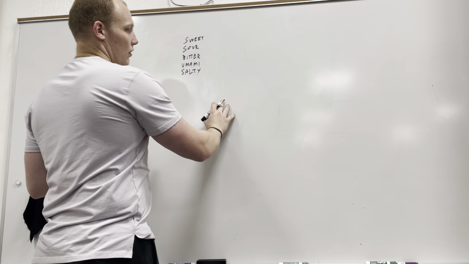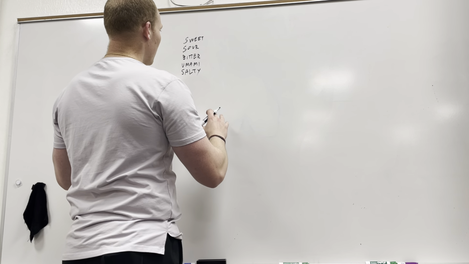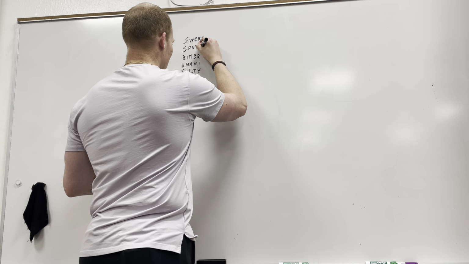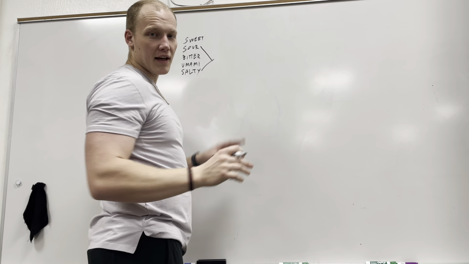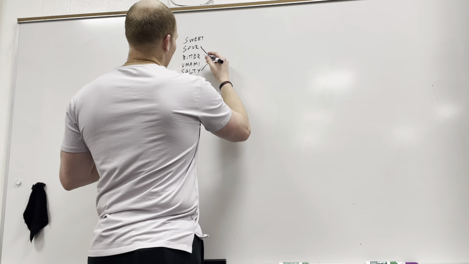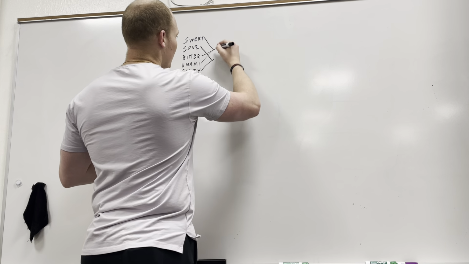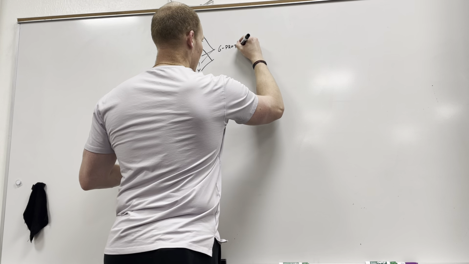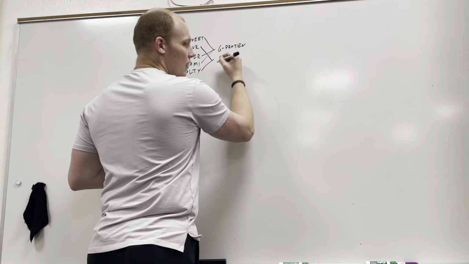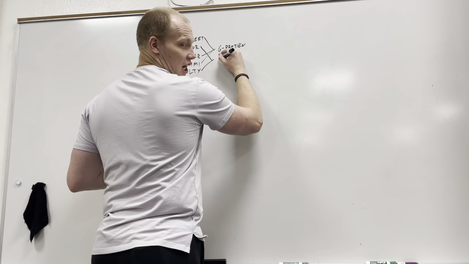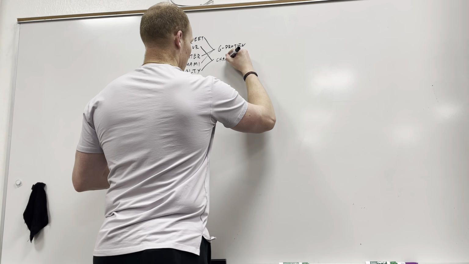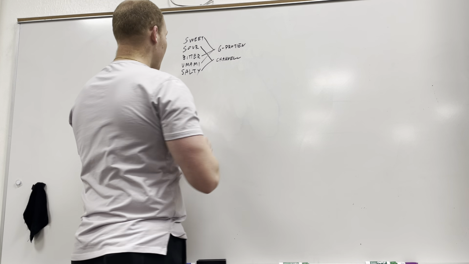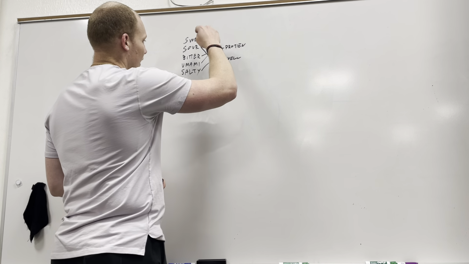Sour and salty go on the same pathway, and umami, bitter, and sweet all work through G protein. So we'll put G protein for those, and the others are ionotropic, or just channels. Let's first look at salty and sour.